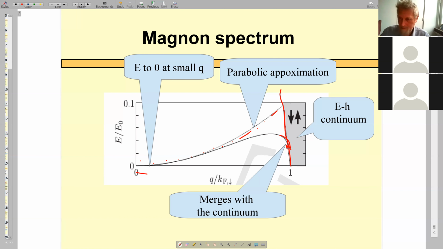And due to broken rotational symmetry, we have discovered magnons, new particles arising in this symmetry-broken vacuum.